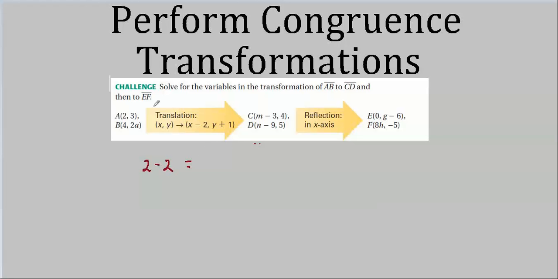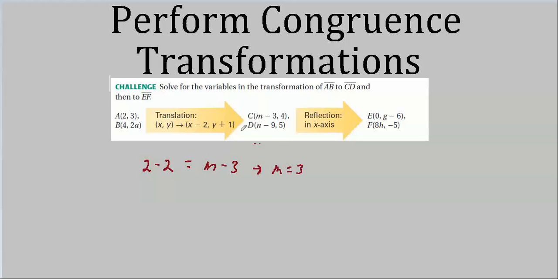What I'm doing is applying this transformation to this. So the x-coordinate of the image should be x, which in this case is 2, minus 2. And that should be equal to m minus 3. Okay. So that's 0, and we have m minus 3 equals 0, so m must be 3.